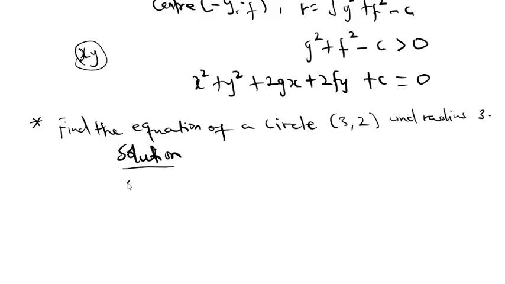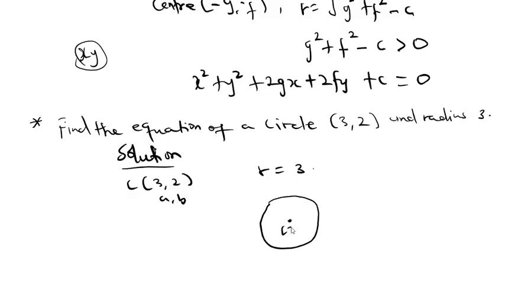Our center C is (3, 2), the same as (a, b). Then we are given the radius 3. So you have the center as (3, 2), then the radius from here to here is 3.